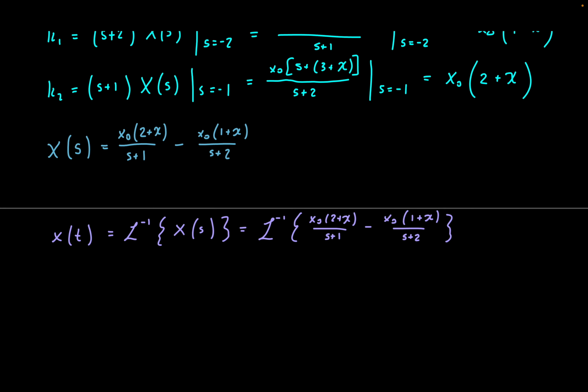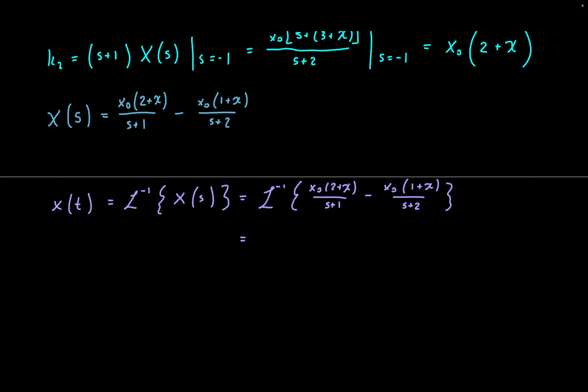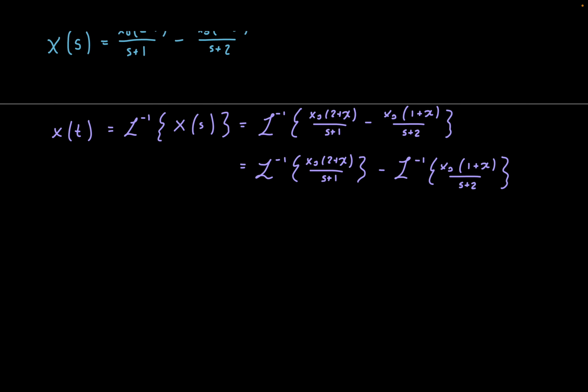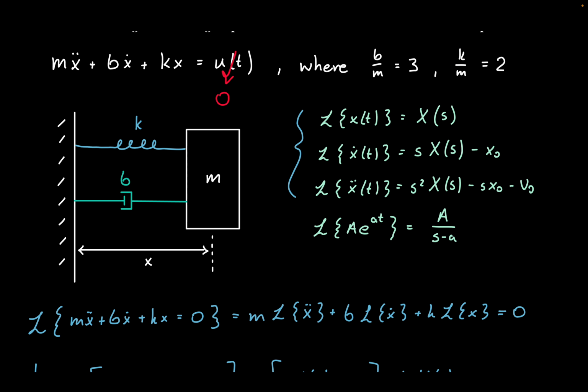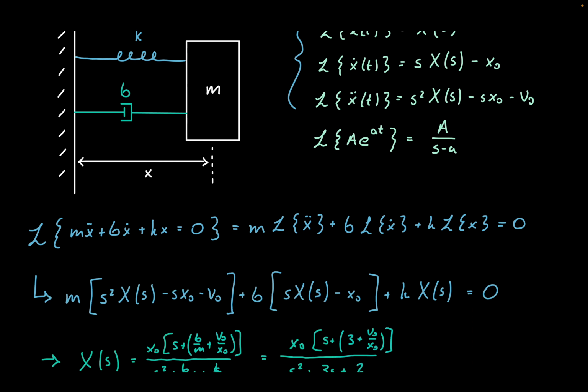Now you could split this up. Actually, yeah, let's split this up. There we go. So we'll do the inverse Laplace of essentially this right here, and then same thing, minus the inverse Laplace of the same thing right here. So from here, we have our exponential, right? Before we said we had some constant, capital A, times e to the lowercase a times t. That's going to be equal to capital A divided by s minus a.